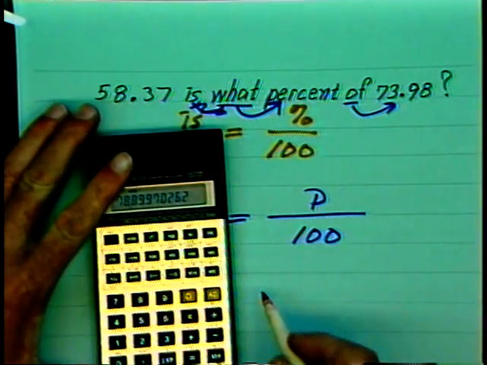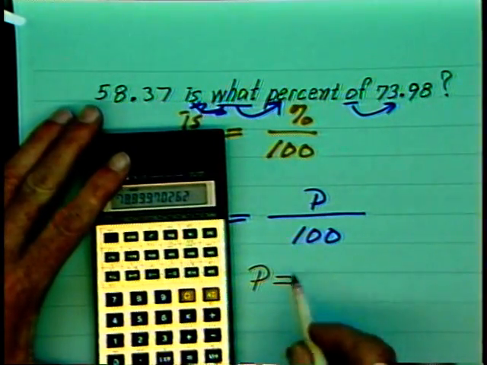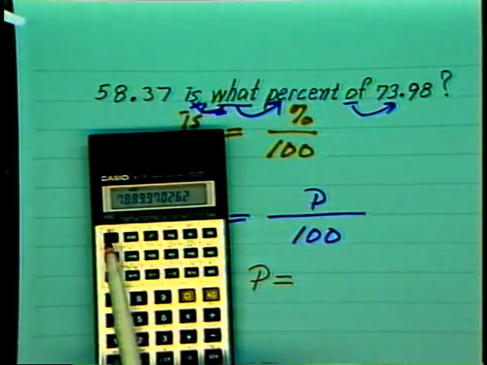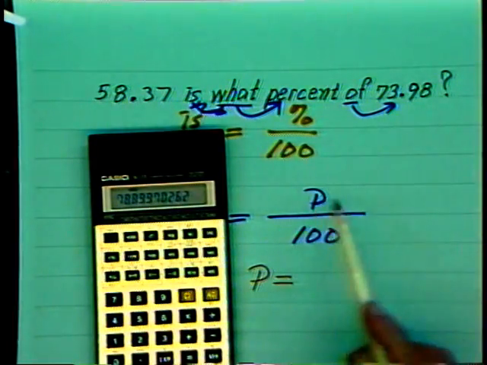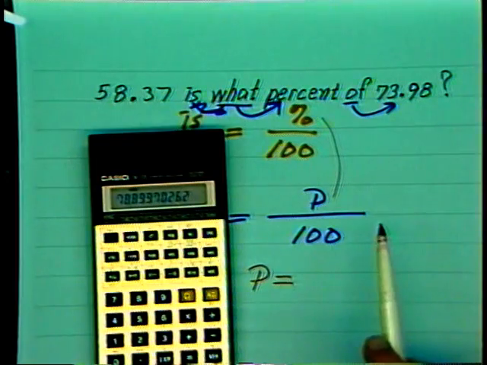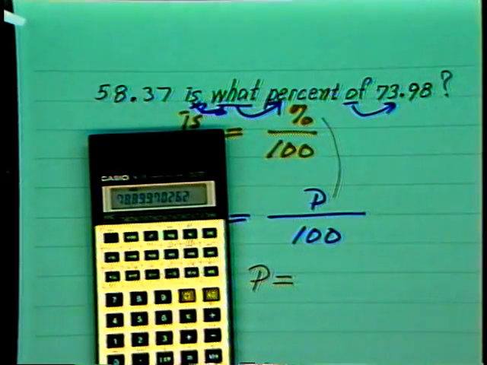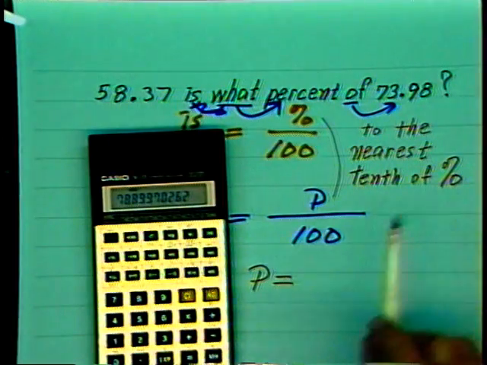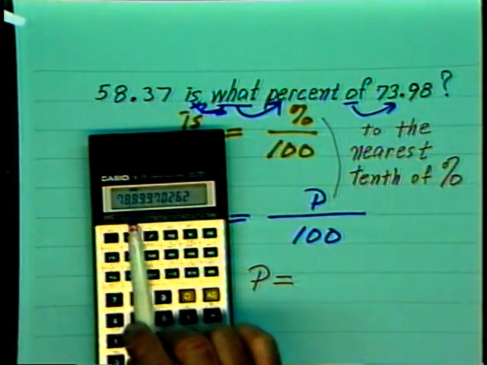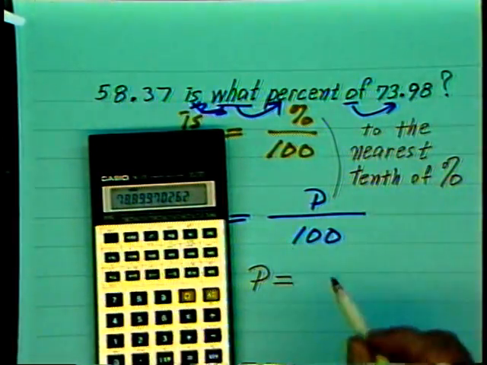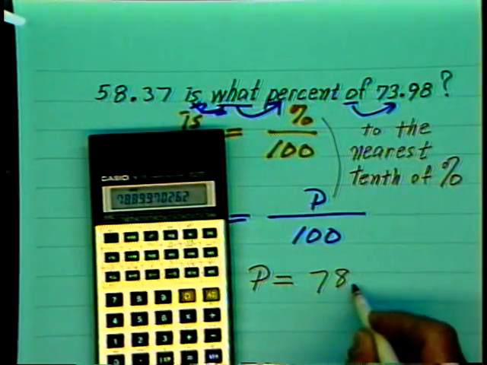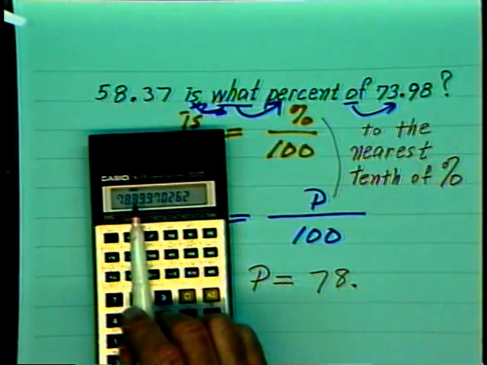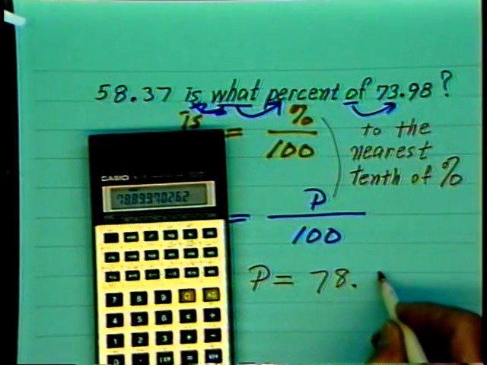At this point, we'd have to ask whoever we were doing this for where they want us to round off, and that will generally be the case. So remember, this number is going to be the percent. So let's say that they had asked us to round this to the nearest tenth of a percent. Well, since this already is in percents, I can see it's going to be 78.89, and the 9 rounds that 8 up to 9.